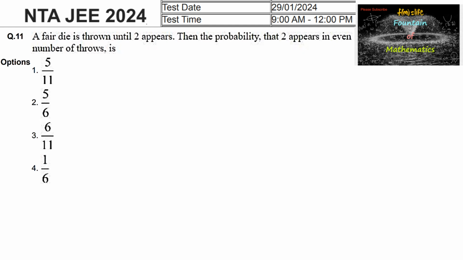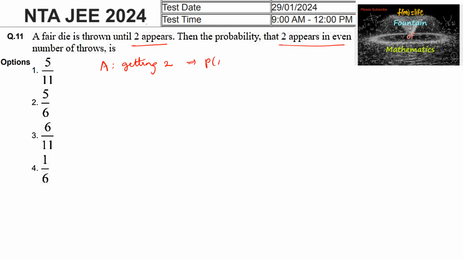A fair die is thrown until 2 appears, then find the probability that the 2 appears in an even number of throws. So let us consider A is the event of getting 2.